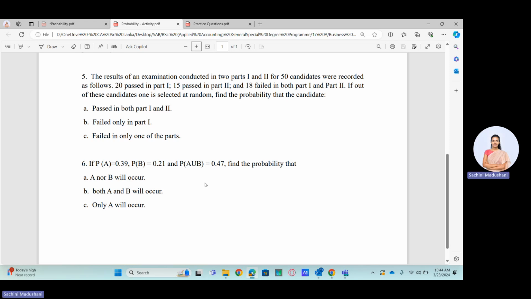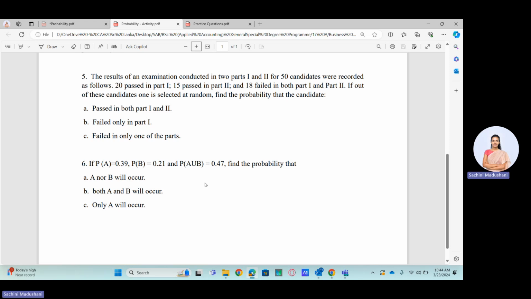Then here, we can write the probability of A. Using these numbers, we can find the probability. What is the probability of passing part 1? How many passed? 20.